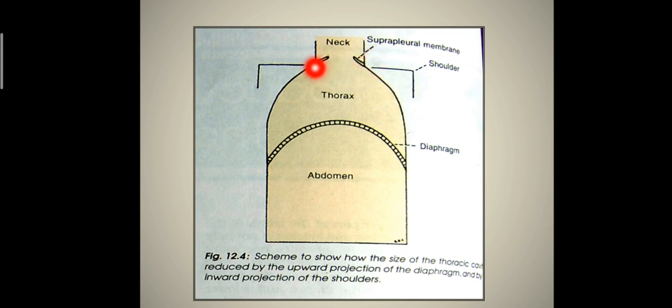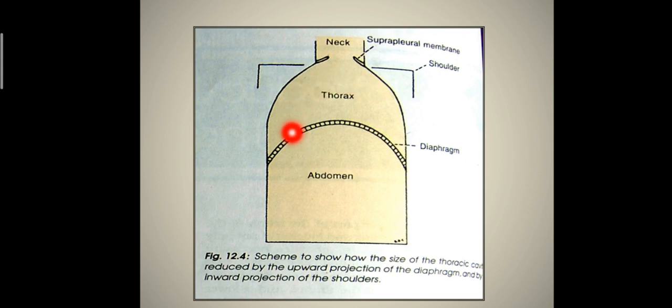But the cervical diaphragm is not a complete diaphragm. It is formed by the right and left suprapleural membrane, and between these membranes there is a gap. Through this gap, vital structures from the neck enter into the thoracic cavity.